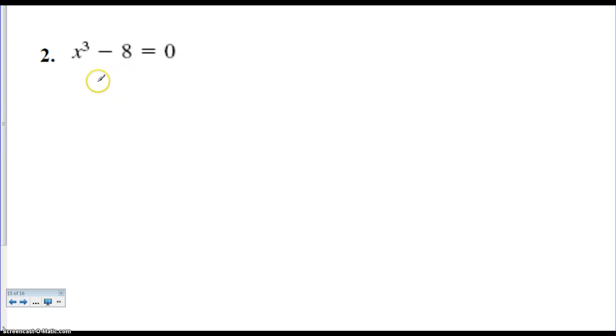So I'm looking here. Looks like it's a cubic, and it's a difference, so I know it's going to be like this pattern, a minus b times a squared plus ab plus b squared. So what cube gets me x cubed is x, and what cube gets me 8 is 2 cubed.